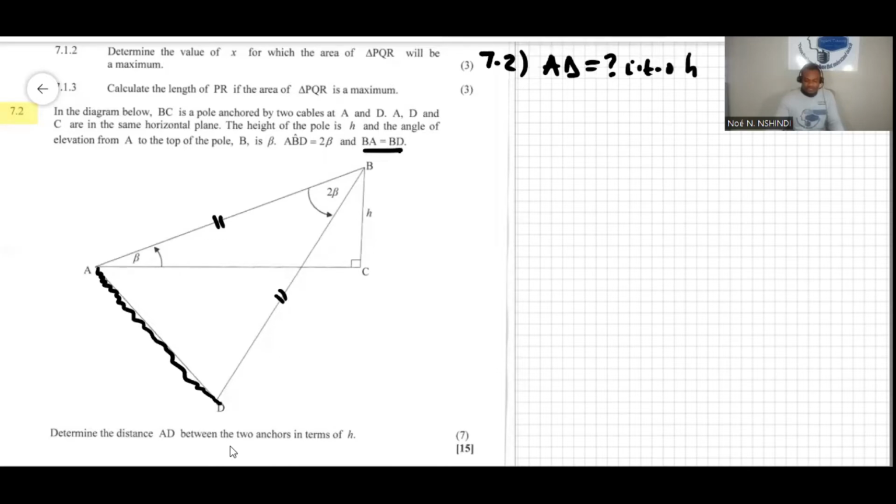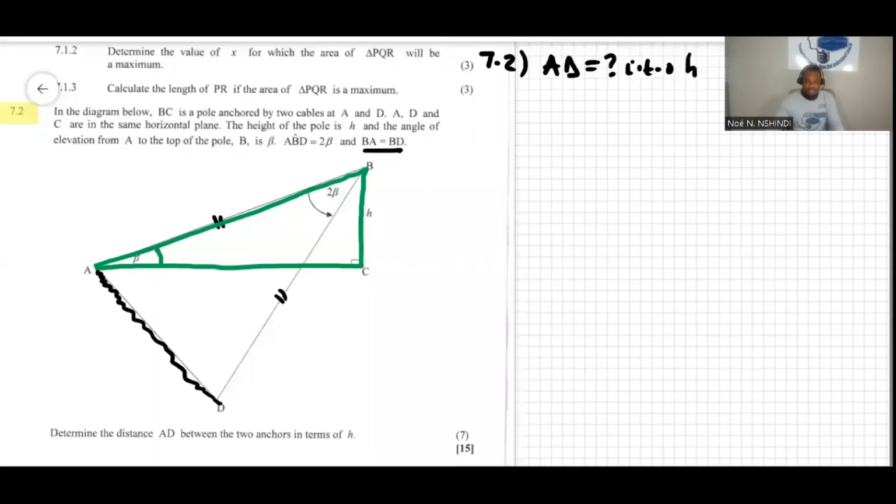Okay, how can we do that? Let's start from what we know from the question. If I look at this triangle, let me draw the triangle in green here. If I look at this triangle, it's a right angle triangle.